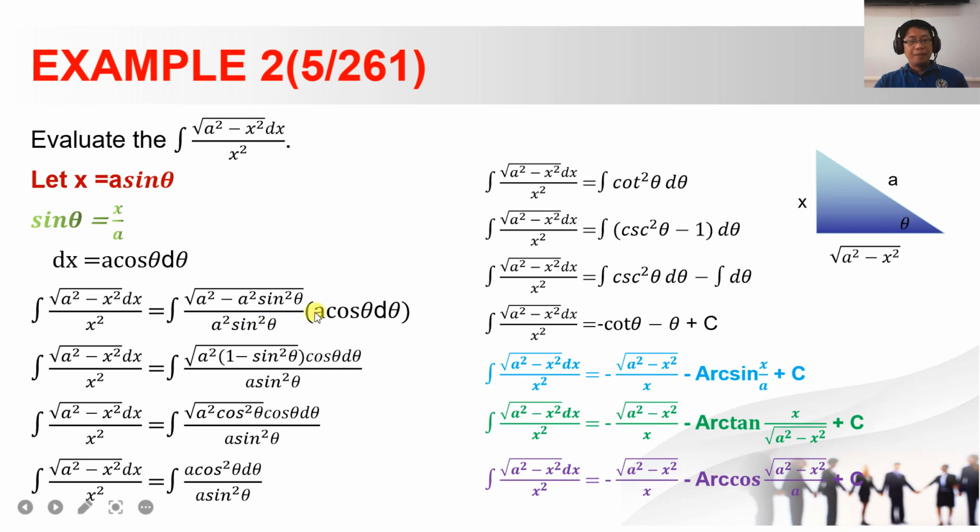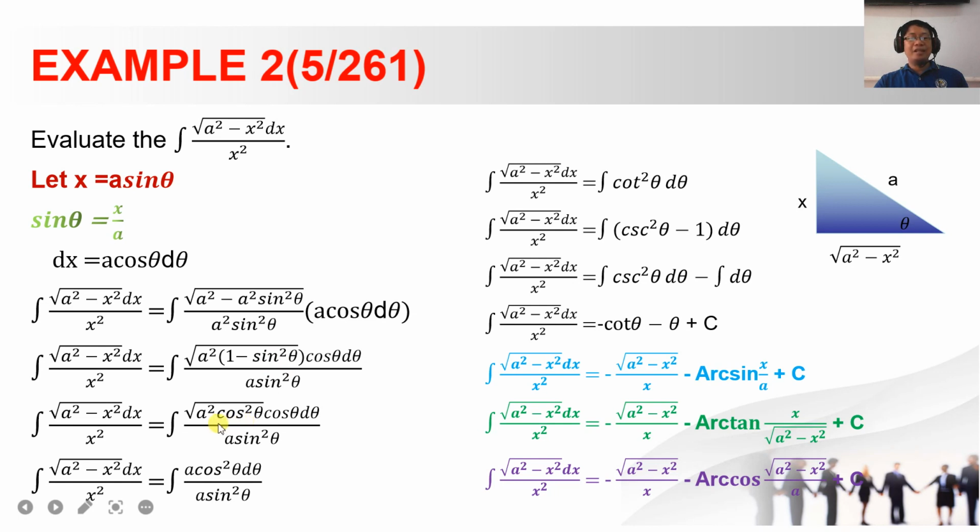Okay? Pag simplify po, first of all, yung a saka a squared dito, we can now cancel out yung isang a. So, may matitira pang isang a sa denominator, no? Cosine theta and sine squared theta, i-retain muna natin. But here, yung a squared minus a squared sine squared theta, we can factor out a squared, and yung 1 minus sine squared theta is cosine squared theta, right?